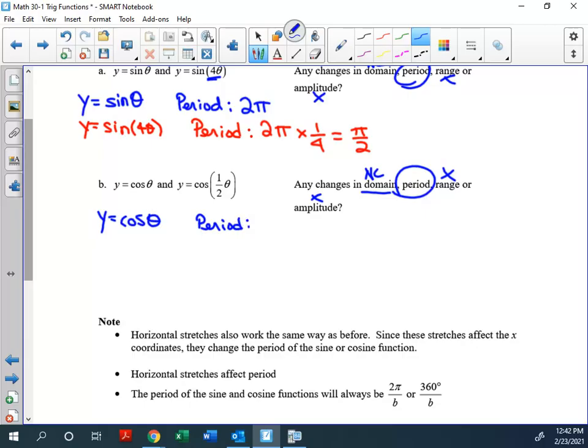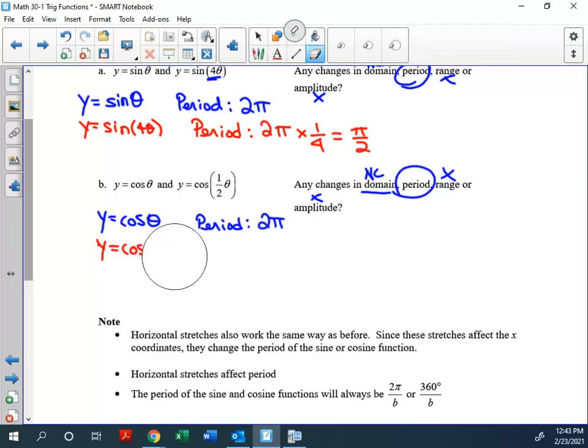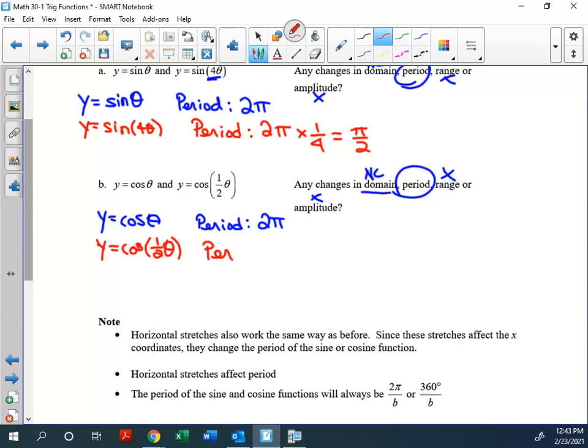Original period of cosine. Any different than sine? No. 1 rotation around the unit circle. Can you tell me, though, what the period of cos 1/2 theta is going to be?